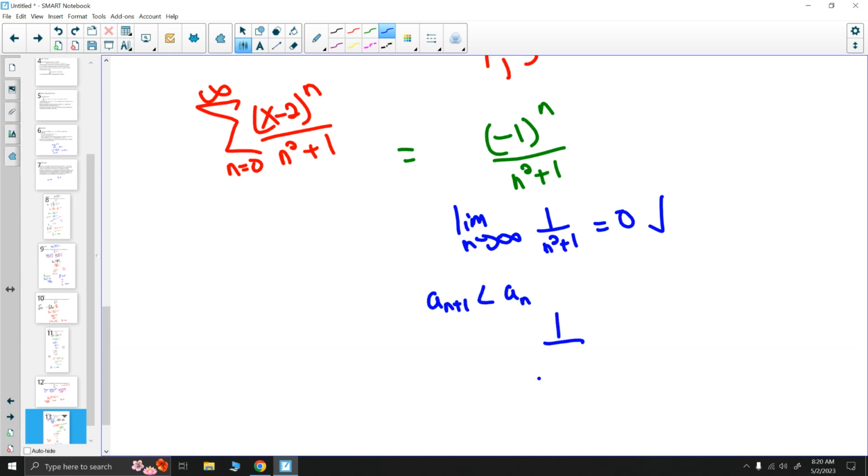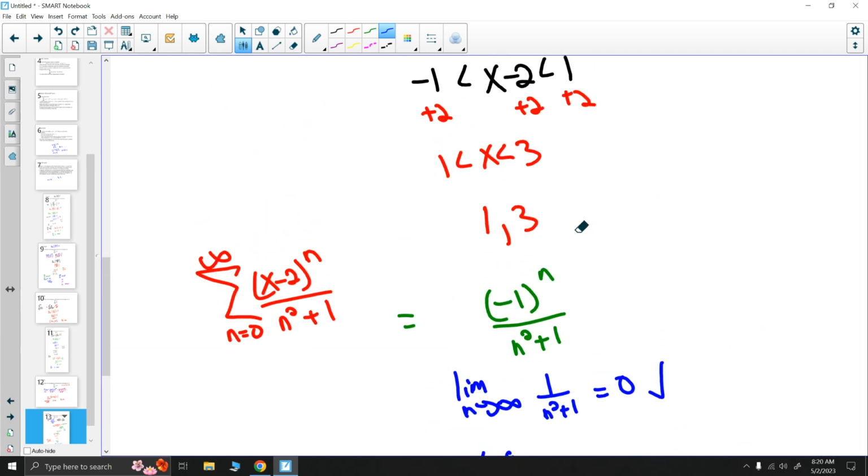That is 1 over (n plus 1) squared plus 1 is less than 1 over n squared plus 1. And no matter what, if we increase n by 1 before we square it, this would be a bigger number on the bottom than this one. So this is also clearly less than, so that checks out. So 1 converges by the alternating series test.